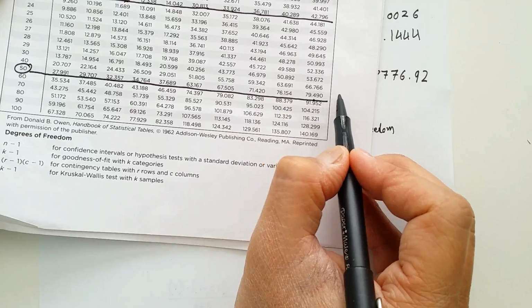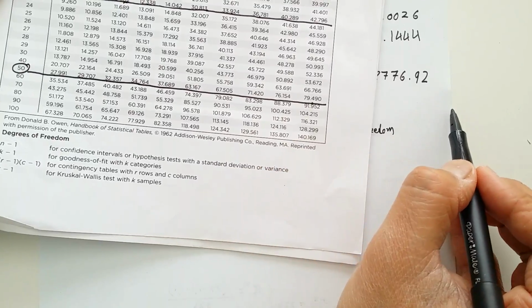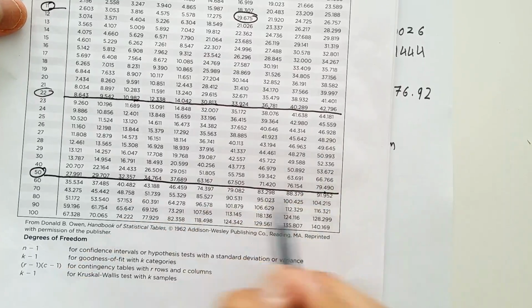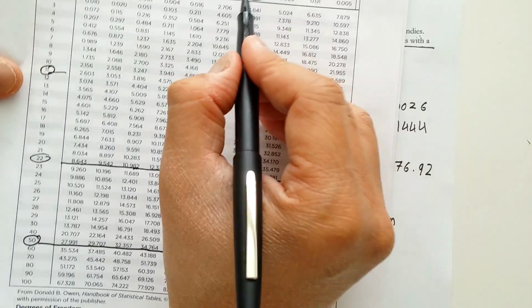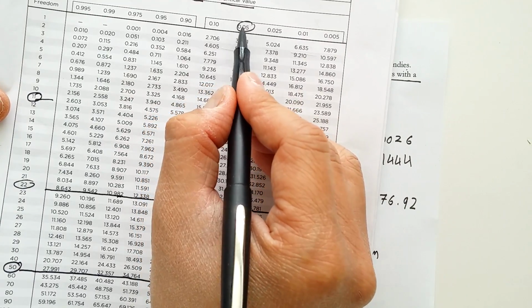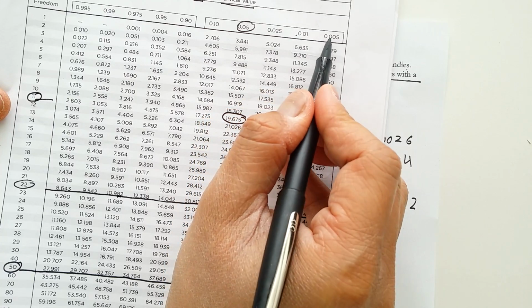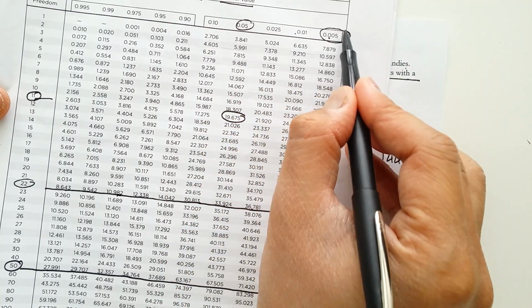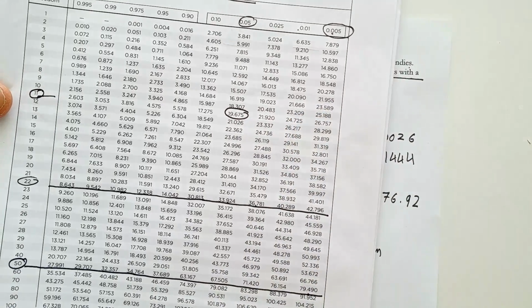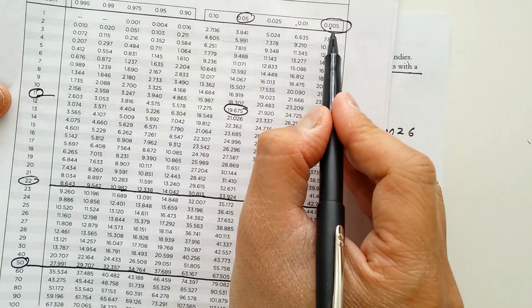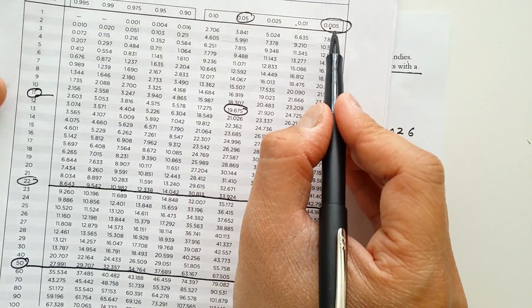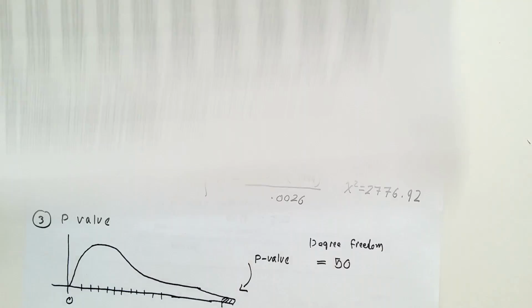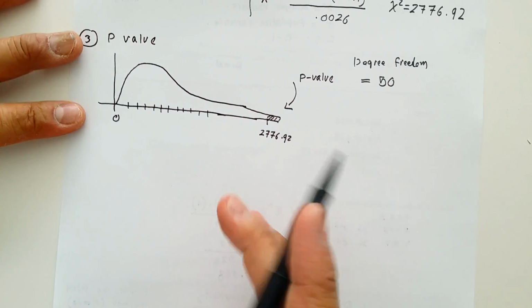But we don't really need to know the exact area, because the further you go to the right, the area gets smaller and smaller. So I know for sure that my p-value, which corresponds to our test statistic, will be smaller than this. But for the sake of simplicity, we're just going to say that the p-value equals that.